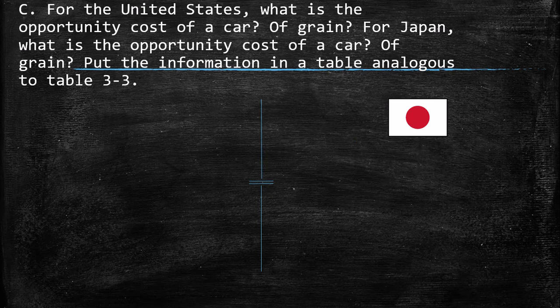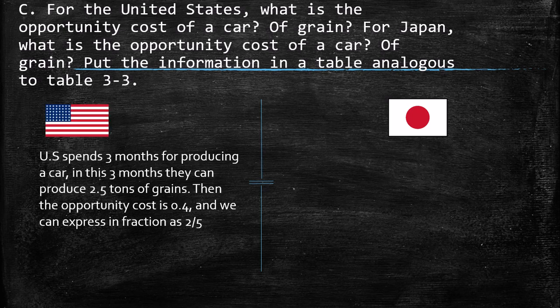Part C: for the United States, what is the opportunity cost of a car in terms of grain? For Japan, what is the opportunity cost of a car in terms of grain? Put the information in a table analogous to table 3.3. So we have first the United States case. Remember that the US spends 3 months producing a car.